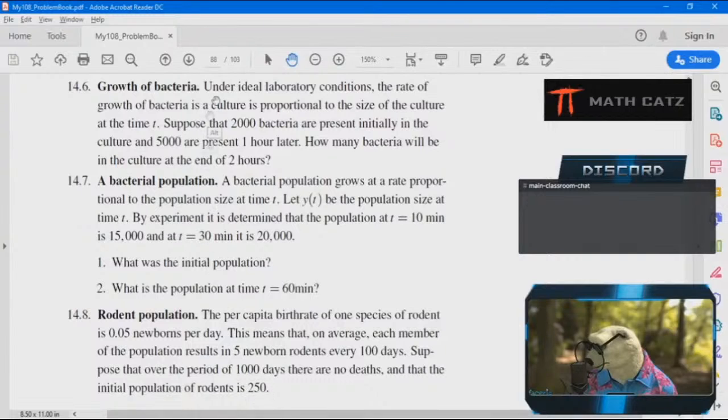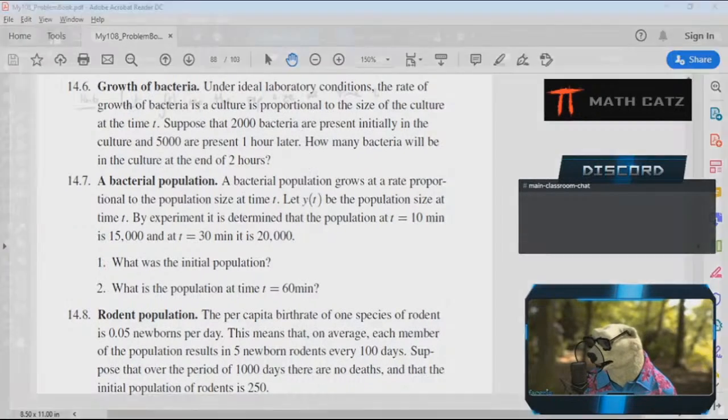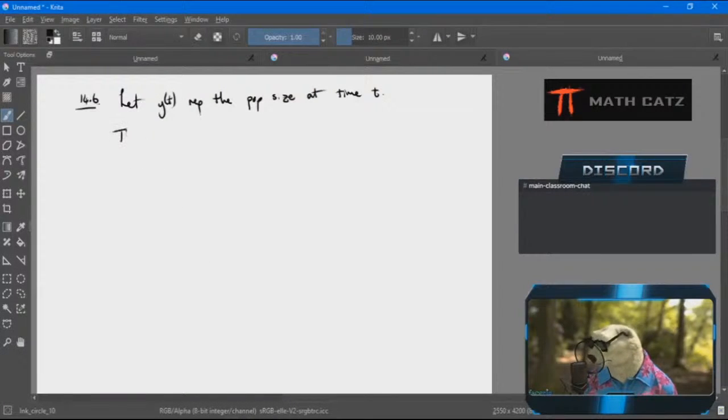Now let's see their words here. Under ideal laboratory conditions, the rate of growth of bacteria in a culture is proportional to the size of the culture at that time. I have that proportionality property, and that allows me to say that the rate of change of the population size is some constant times the population size.